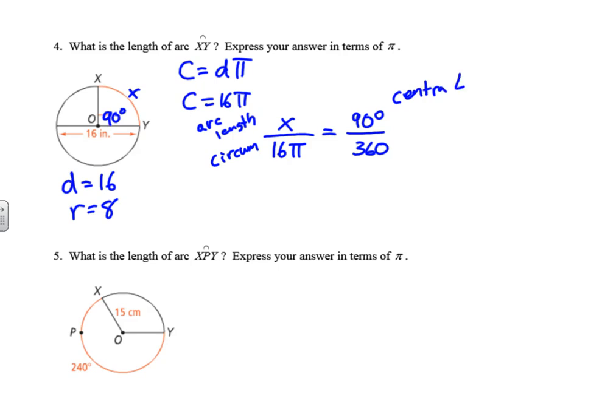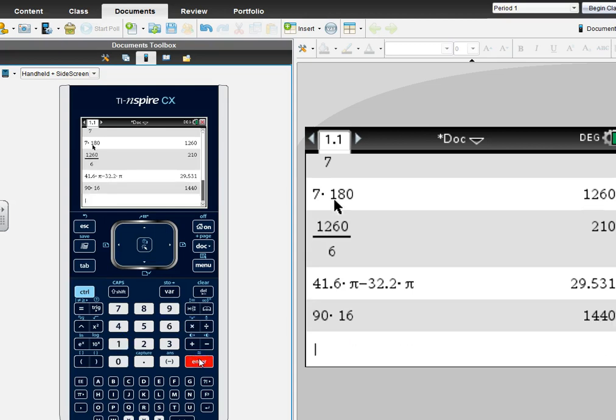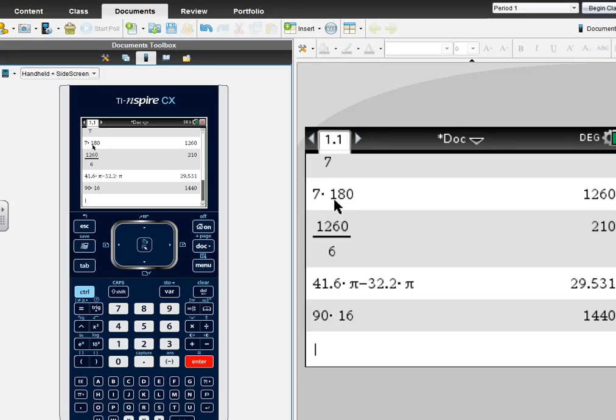And so now we can just go ahead and use our cross product property. 360x equals, what's 90 times 16? So 90 times 16 is 1440. Okay, so 1440 pi. And then we're going to divide that by 360.